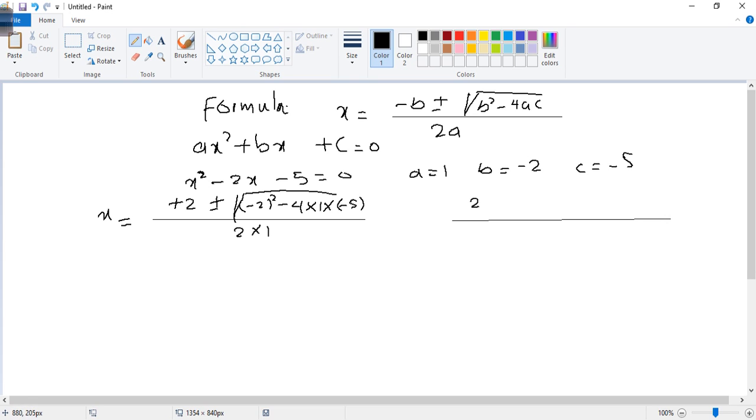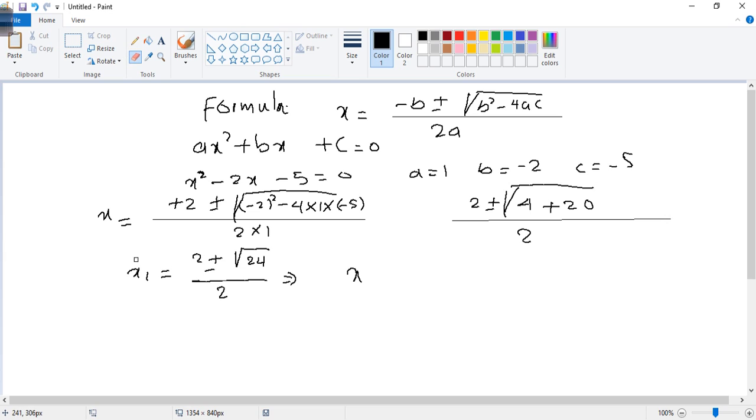So we have here 2 plus or minus the square root of 4, minus times minus is plus, 4 times 1 times 5, it will be plus 20, and minus 2 squared is 4, divided by 2. So 4 plus 20 is 24. So x equals 2 plus or minus the square root of 24 divided by 2.